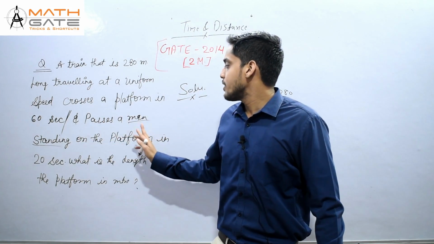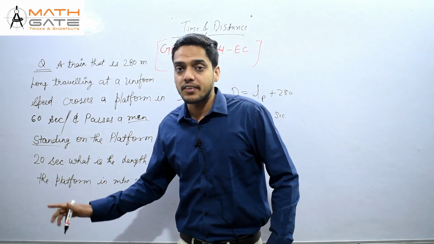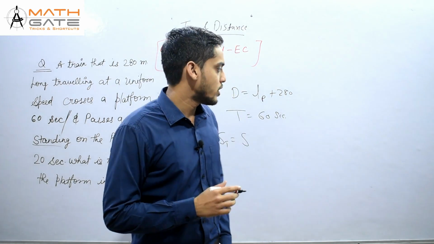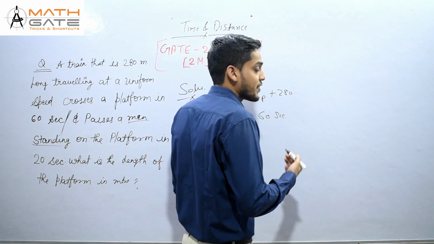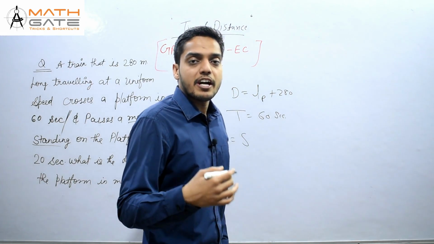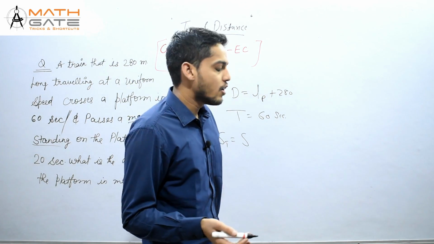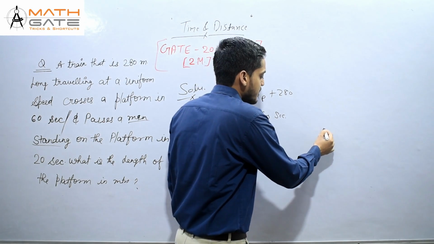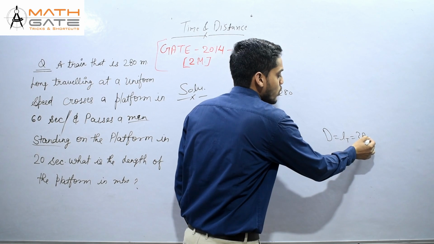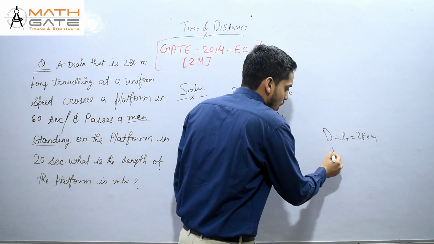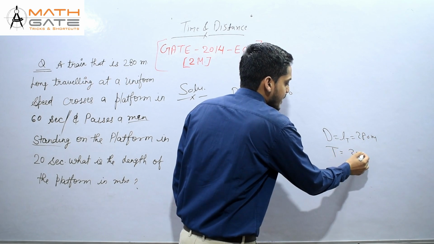And it passes a man standing on the platform in 20 seconds. Here, students, the second case, sorry, our first case is applied: when the train passes a stationary man, what is the distance? Sir, in that case distance equals length of train, which is nothing but 280 meter. It takes how much time? It takes 20 seconds.